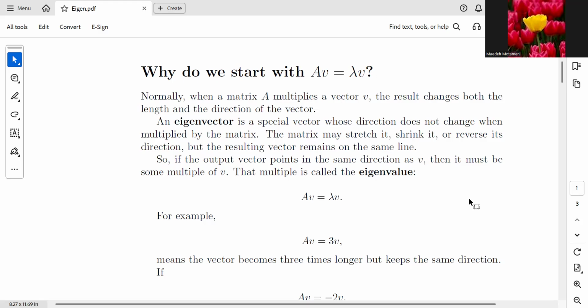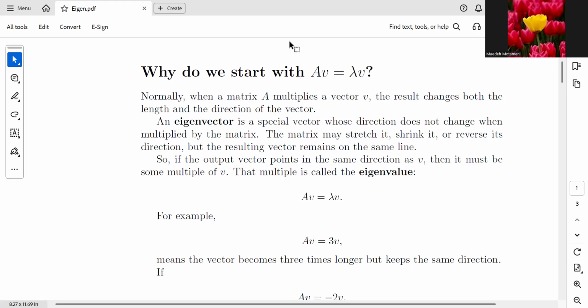So between all the things that may happen by multiplying a matrix by a vector, some are called eigenvectors, special vectors whose direction does not change when multiplied by a matrix. The matrix may stretch it, shrink it, or even reverse its direction, but the resulting vector remains on the same line.